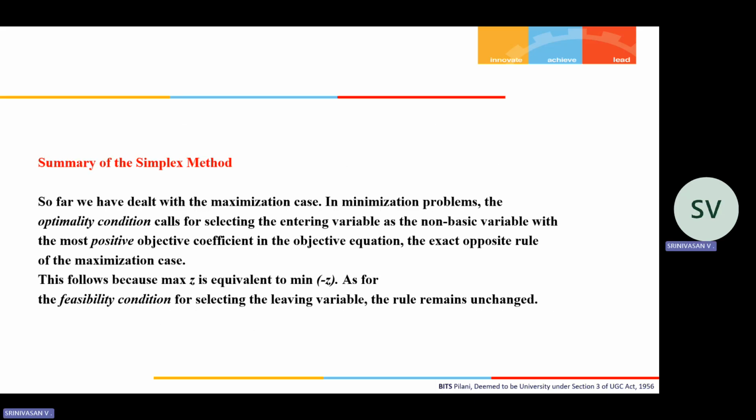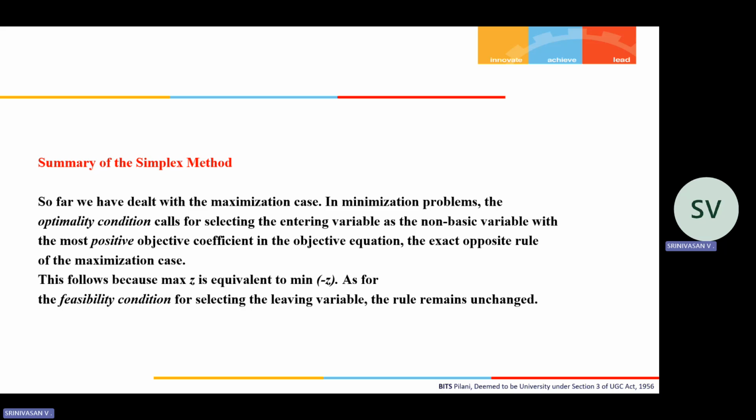So thus we just make a summary of what we have seen so far. As far as we have dealt with the maximization case, we have also seen an example of minimization.